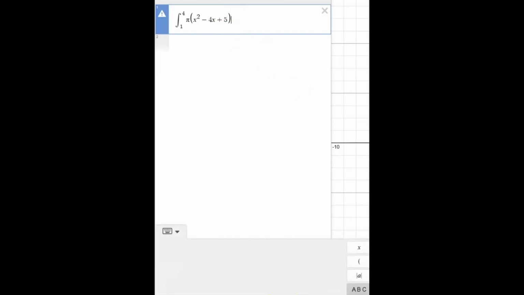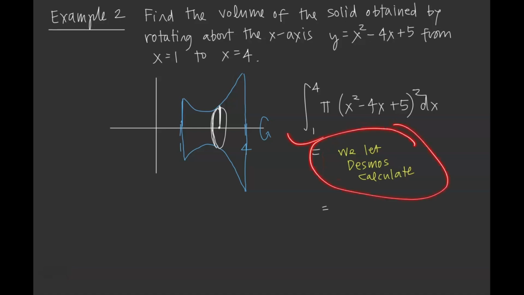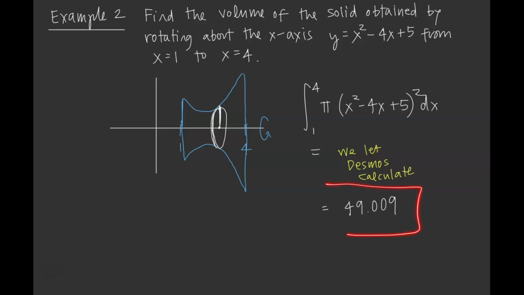How about just like this? And then dx. And so this is it. This is the volume of that object, 49.009. So we're going to let Desmos calculate this, and Desmos figured out that it is 49.009. This is the volume of this solid object.